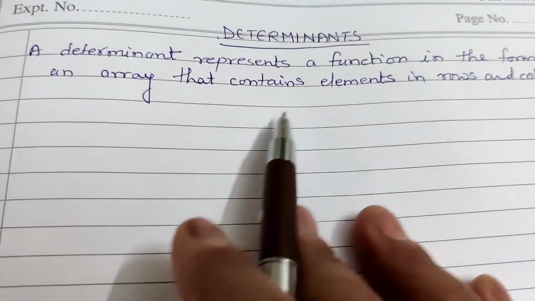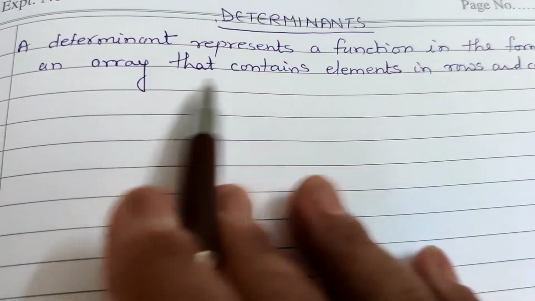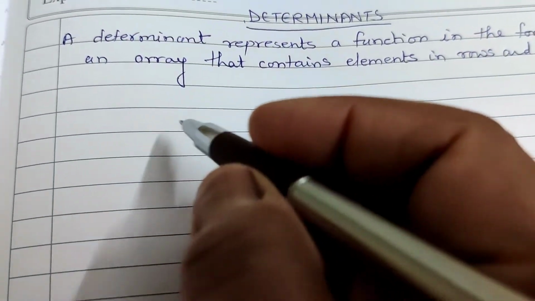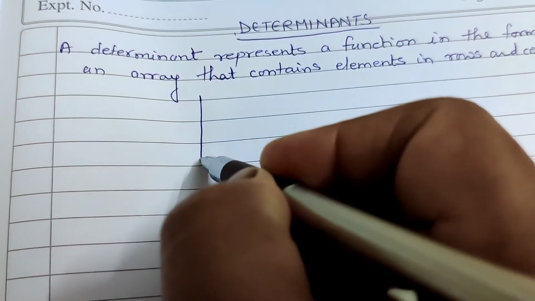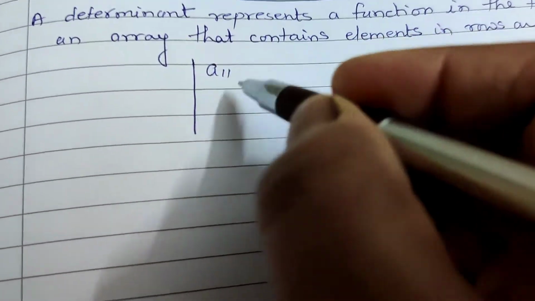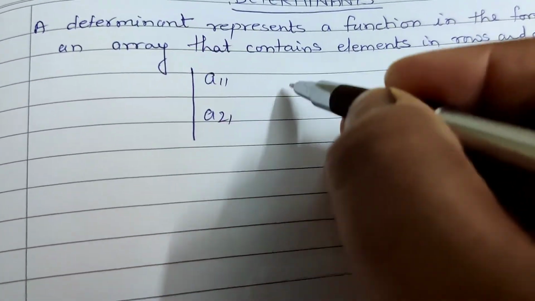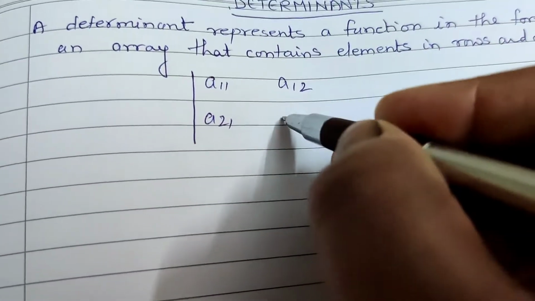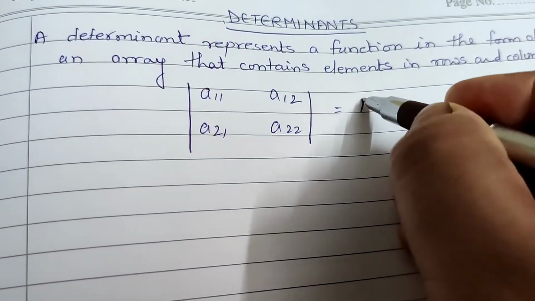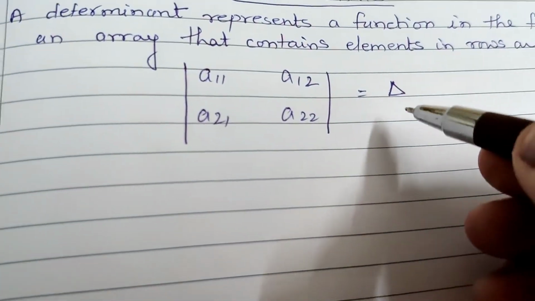The determinant represents a function in the form of an array that consists of elements in rows and columns. Now the determinant of second order: A11, A21, A12 and A22. We can represent this determinant in the form of del A or this.